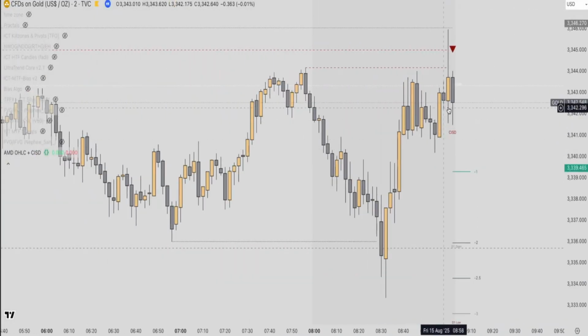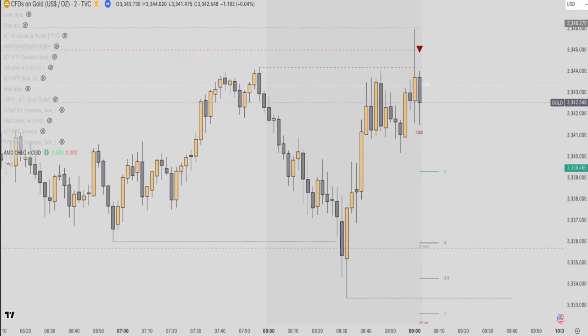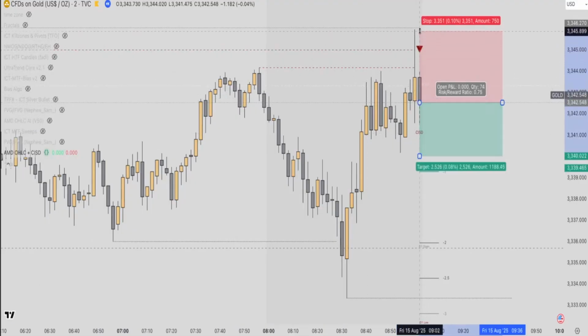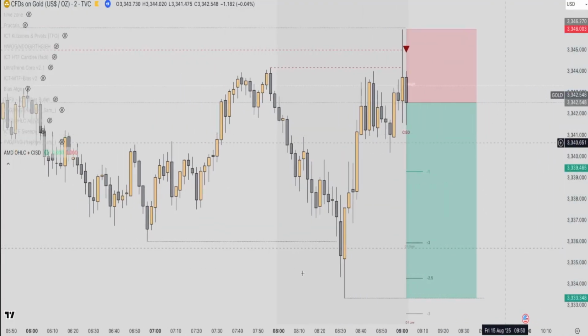So I'm getting already a projection. You see that projection is to these lows right here, close to these lows, right? So I can take the shot. You take the shot as soon as that candle closes, stops above that wick, targeting lows right there. All right. Now let's see what happens.